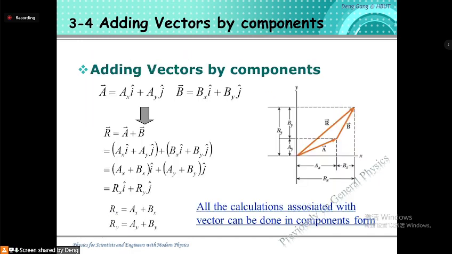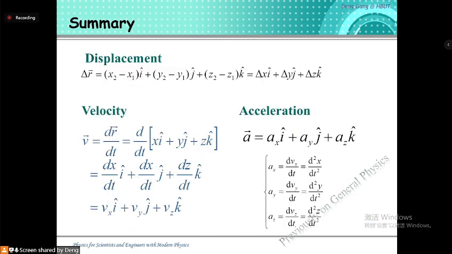So when we calculate the addition of the 2 vectors, we just need to calculate the sum of the components, and we calculate each component, and that's the result. And based on the vectors, we can define displacement. We also use the component form for velocity and acceleration.